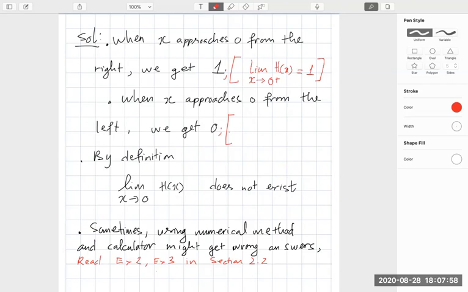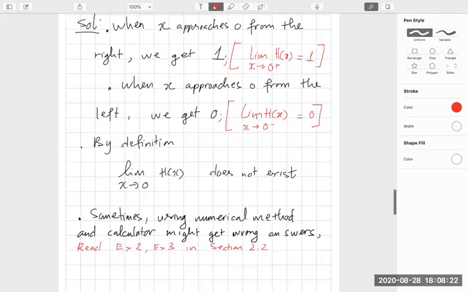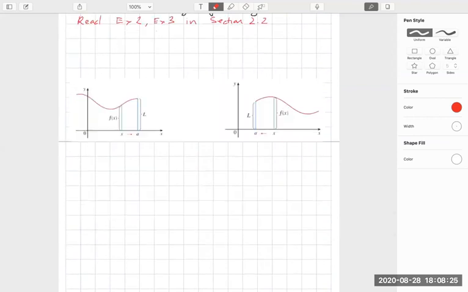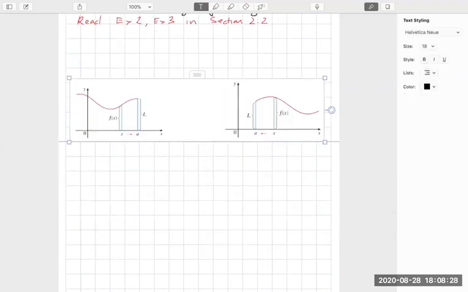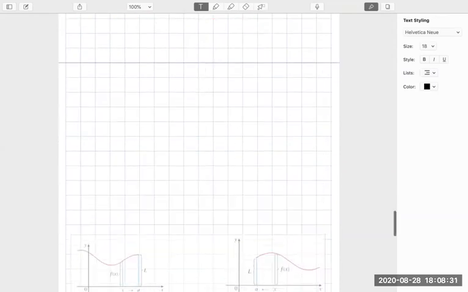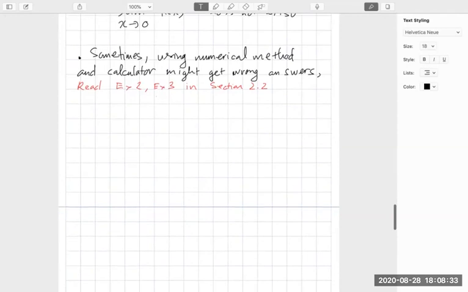And here, similarly, let us write it this way, implying that x goes from the left side of 0, which is 0 in this case. Okay. This example leads us to a definition of one-sided limit.